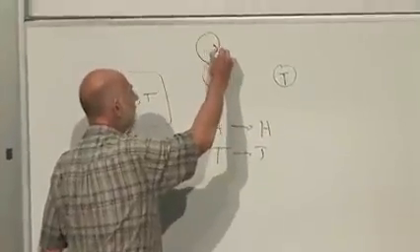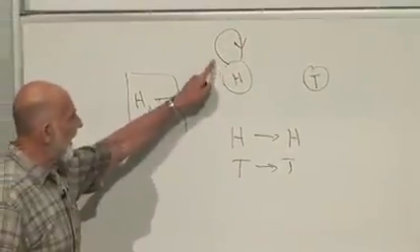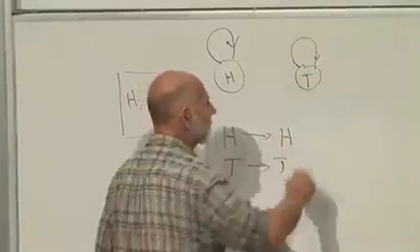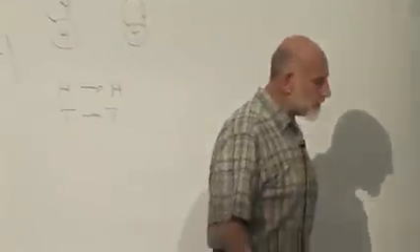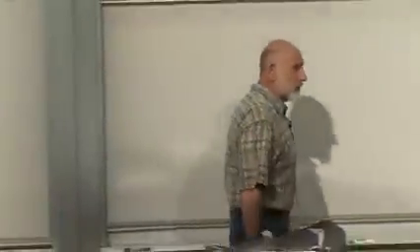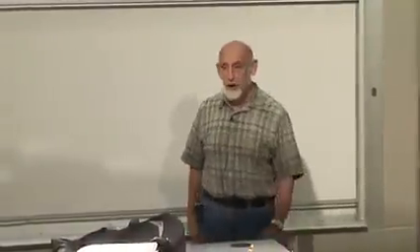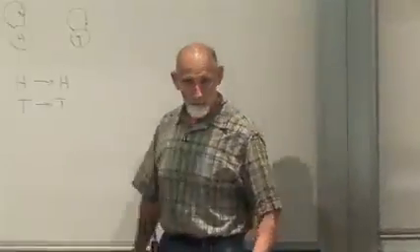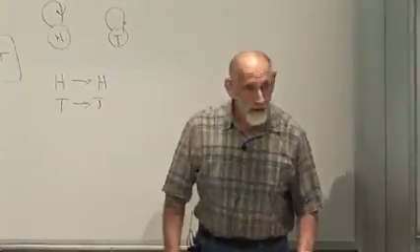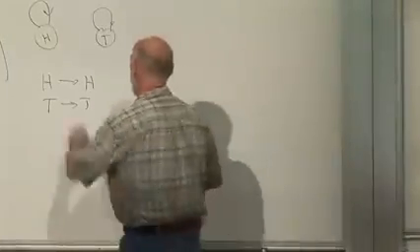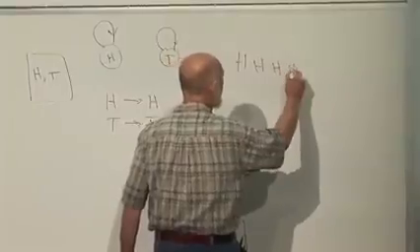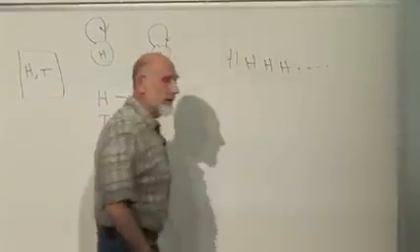Or we can draw a picture. Starting with heads, we go back to heads. Tails goes to tails. That's really a very boring law of physics, but it's a very powerful law of physics in that it tells you, however you start, you know where you will be arbitrarily down the line in time. If you start with heads, the history of the world will be heads, heads, heads, heads, forever and ever.